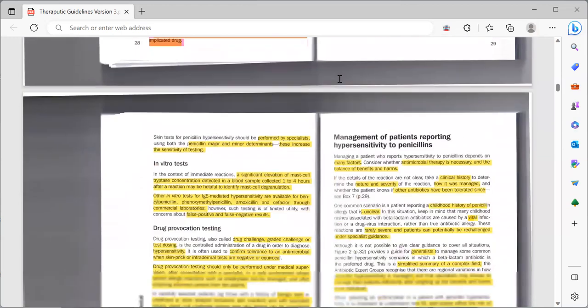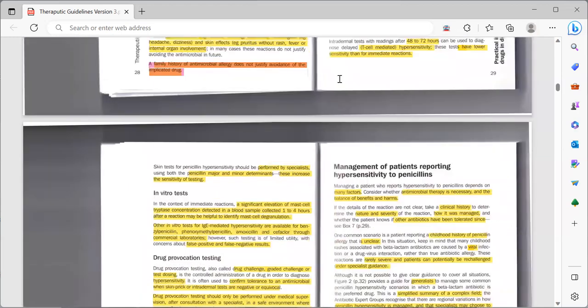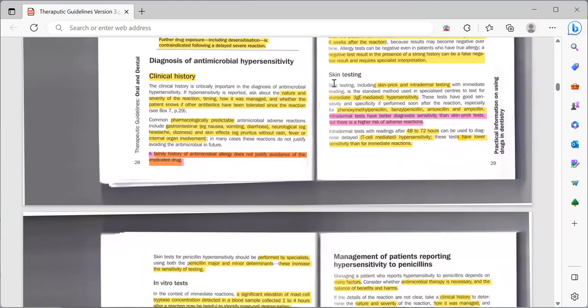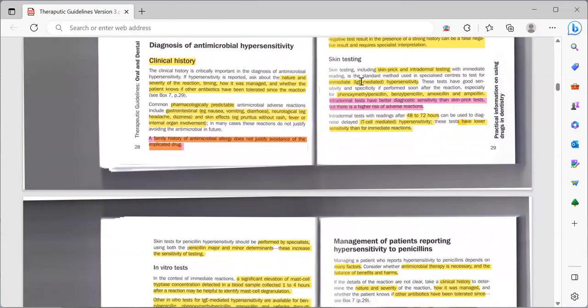Okay, so they have explained about the tests. First of all is the skin testing. That would include either the skin prick, which means they will prick inside the skin, or can do intradermal testing with immediate reading. This is the standard method used in specialized centers to test for immediate or IgE mediated hypersensitivity.